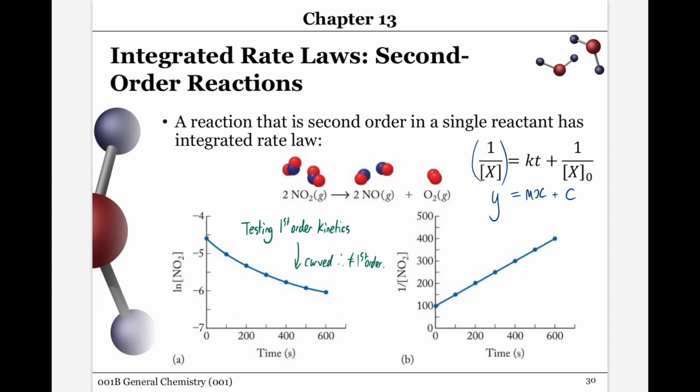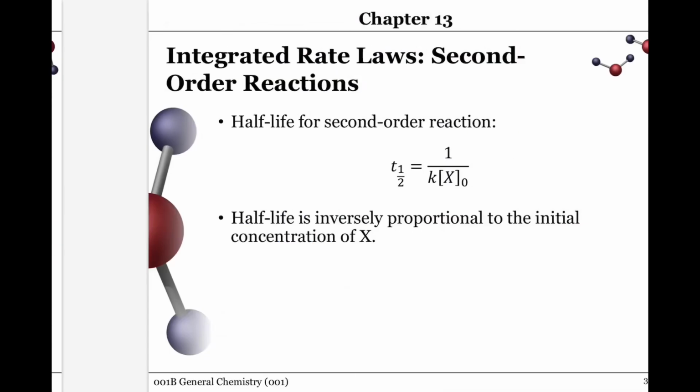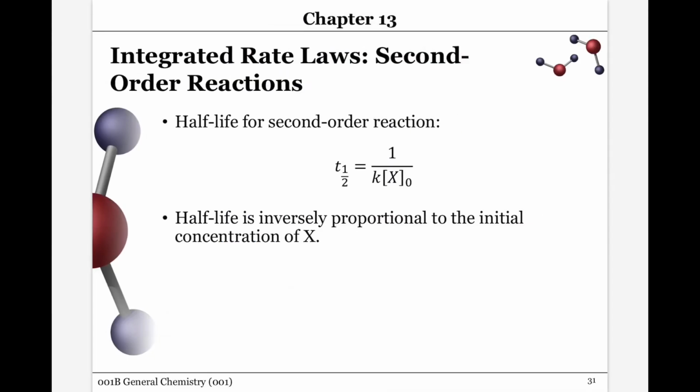We can also derive half-lives for a second order process, and we do this in the same way, although it's a little bit more involved just because the mathematics are a little bit more tricky. But our half-life for the second order reaction is given by this expression: t half is equal to 1 over k multiplied by the initial concentration.